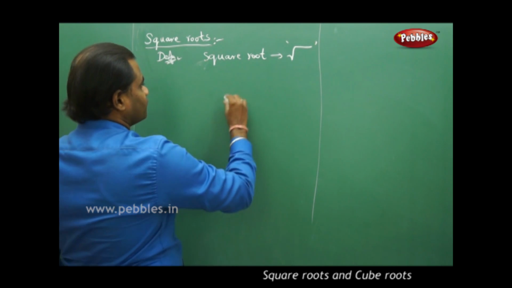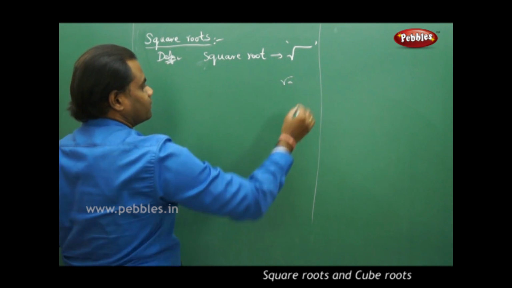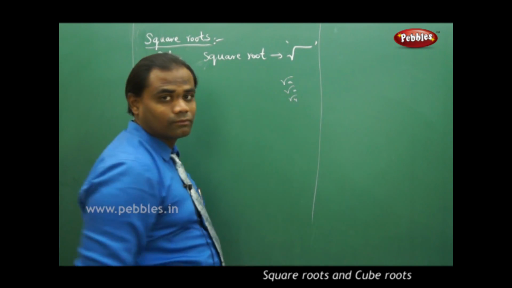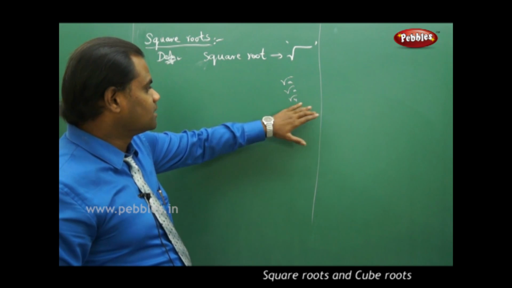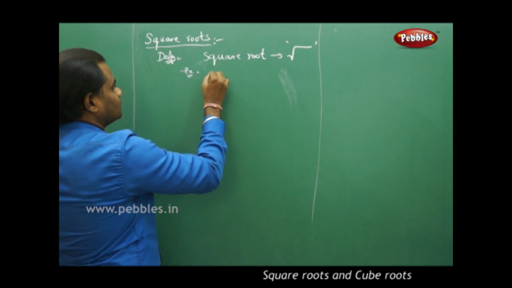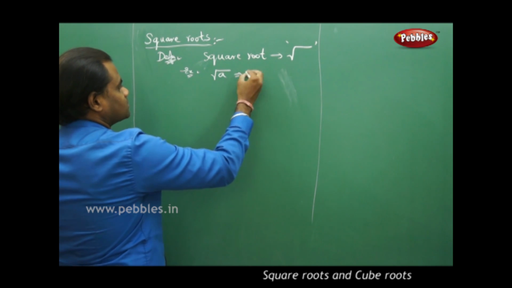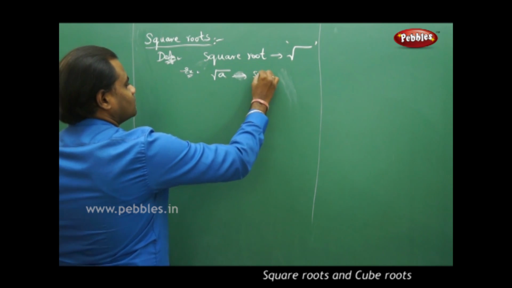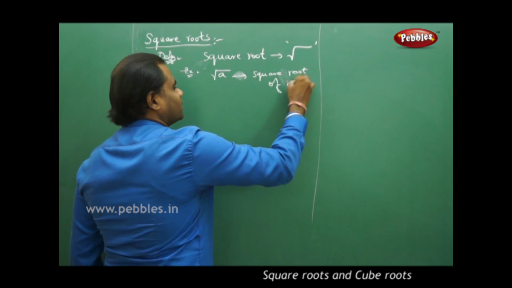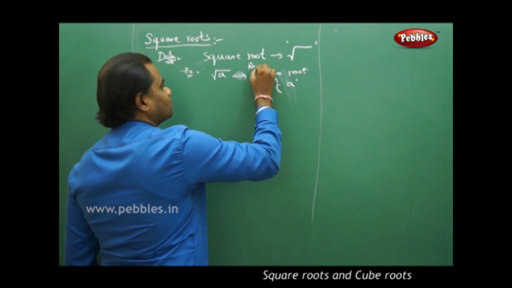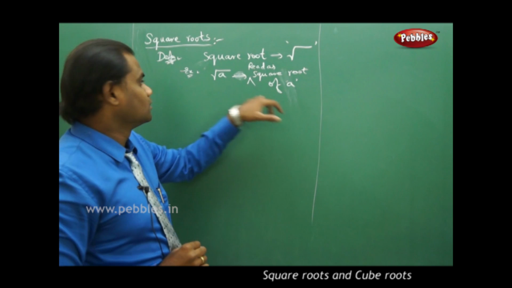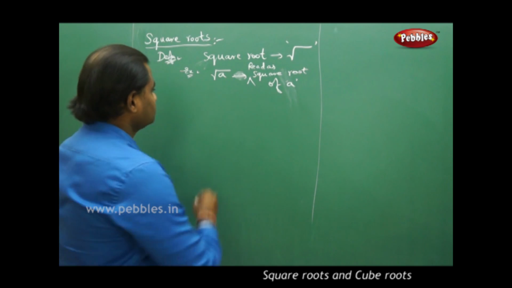If I say square root of A, it is square root of A. If I say square root of X, it is square root of X. If I say square root of 4, it is written this way. So this is read as square root of A.